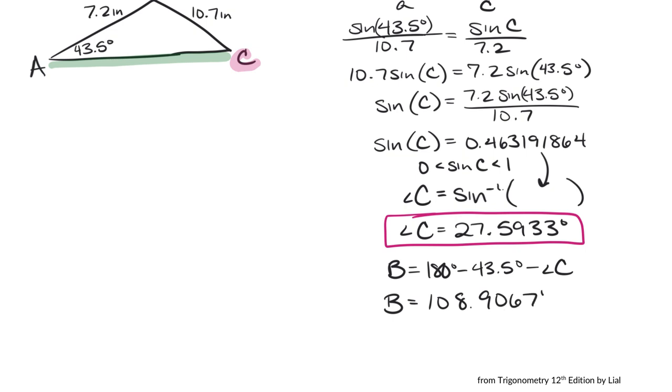We'll go 4 decimals just to be consistent. And so boom, 2/3 of the way there. What's left to find? Little b.